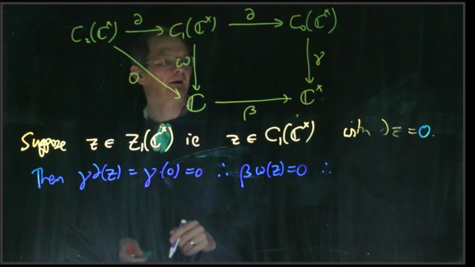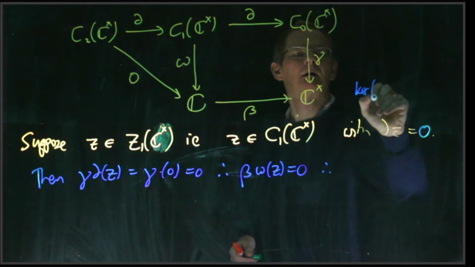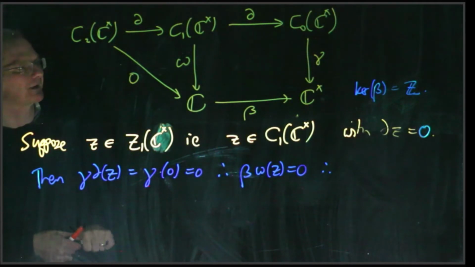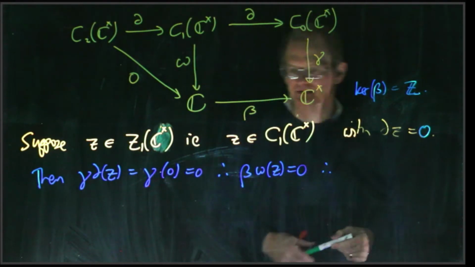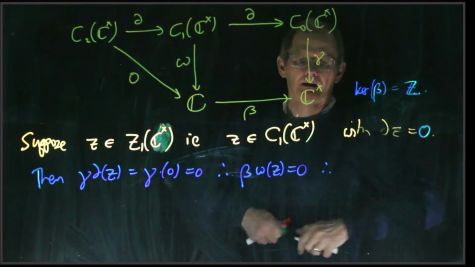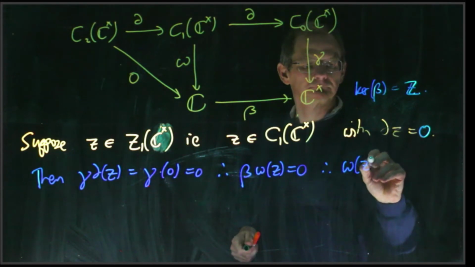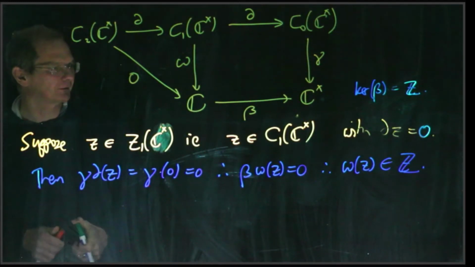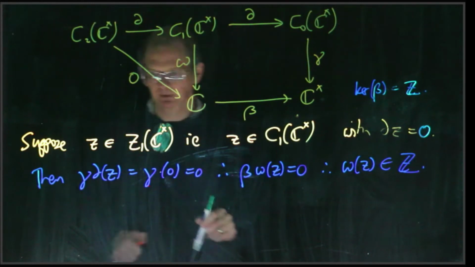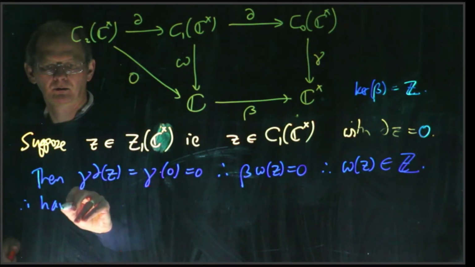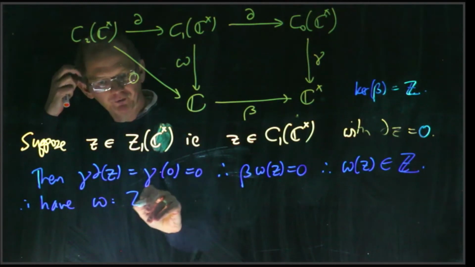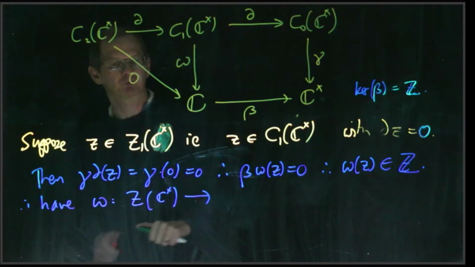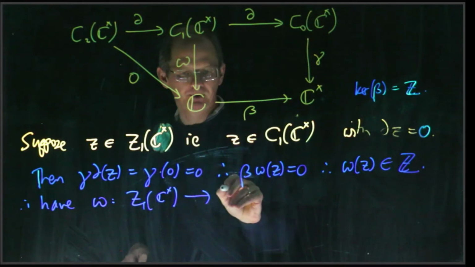But remember, the kernel of beta is just the integers, right? Beta was just the map sending t to e to the 2 pi i t, so the kernel of that is the integers. So we've got omega of z is an integer. So we've got a homomorphism omega just by restricting that, that goes from the Z1 group to the integers.